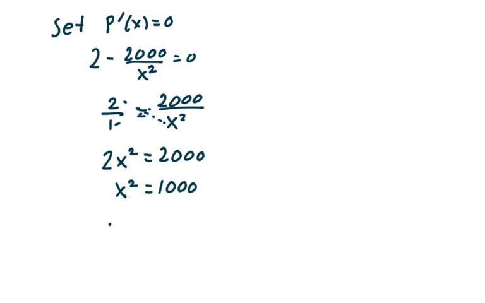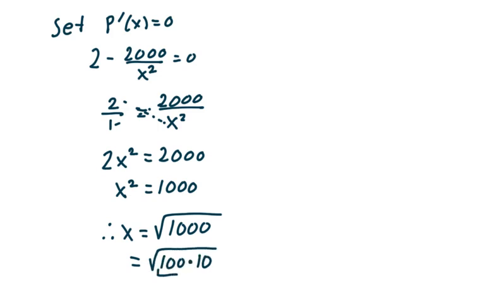So therefore, x is the square root of 1,000, which is the square root of 100 times 10. But the square root of 100 is 10. And so x is 10 times the square root of 10. So 10 square root of 10 times y is 1,000.